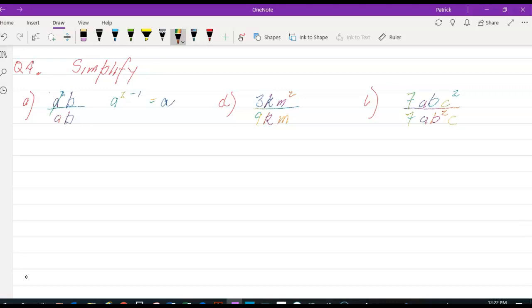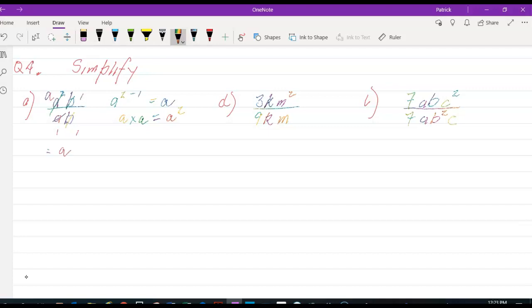A goes into itself once, and a times a equals a squared. So a squared divided by a is going to be a to the 2 minus 1. It leaves me with 1a. So the b's cancel out, go 1. So all I'm left with is a.